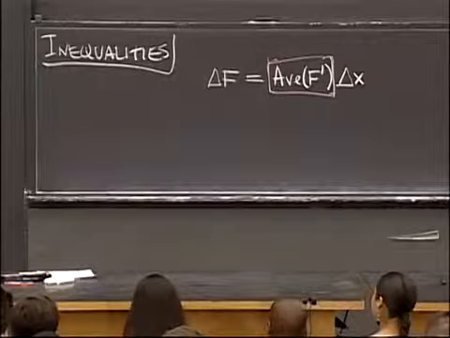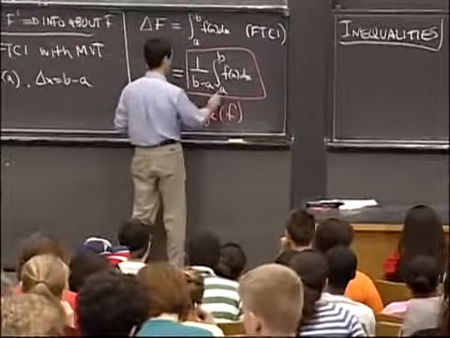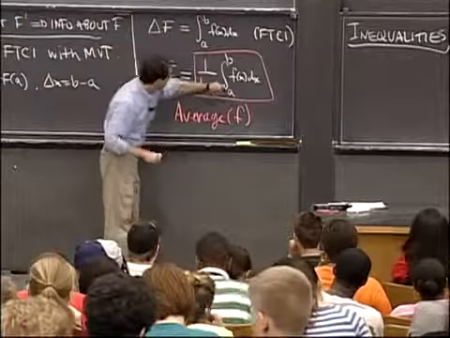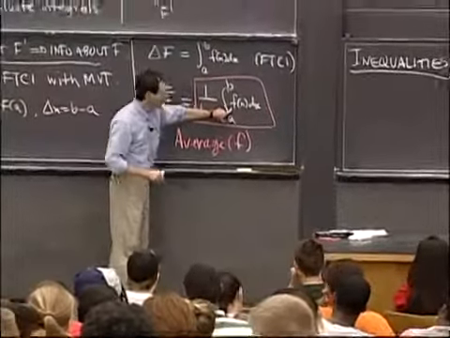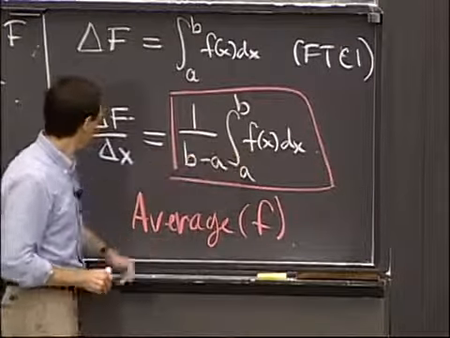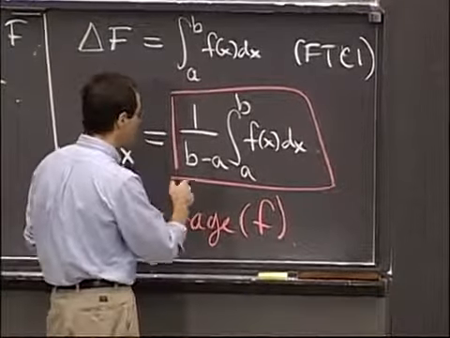Isn't that the average of big F? So the question is, why is this the average of little f rather than the average of big F? So the average of a function is the typical value.